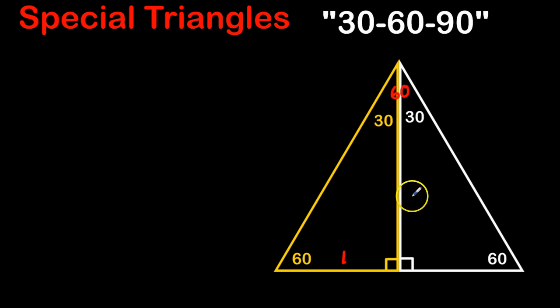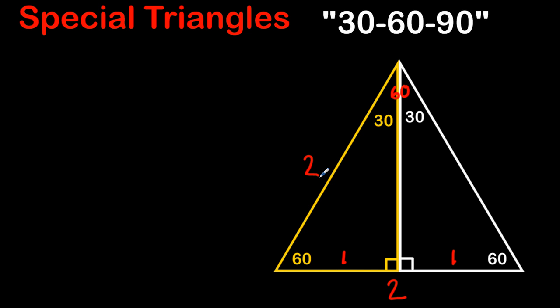Okay, and now if this is 1 unit, if I duplicated that, this unit will also be 1. And if I put 1 and 1 together, then this whole bottom leg of the bigger triangle between the white and yellow is 2. And since it's equilateral, this is 2 as well.